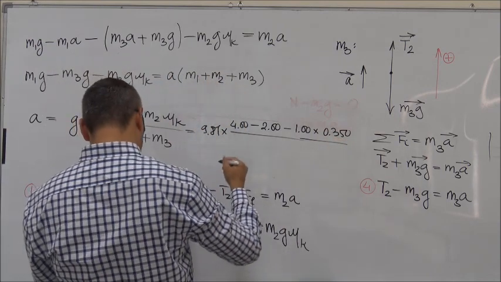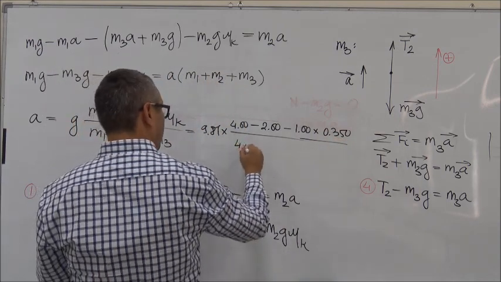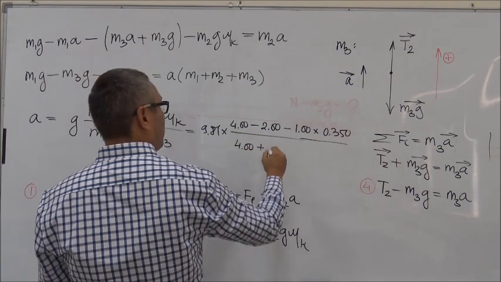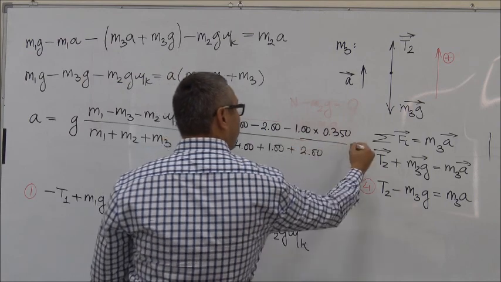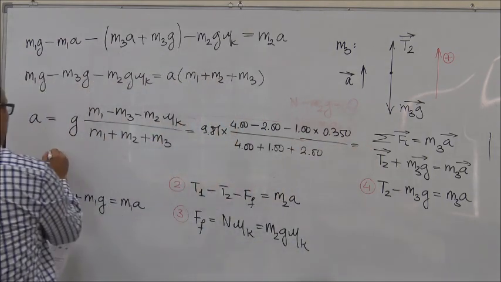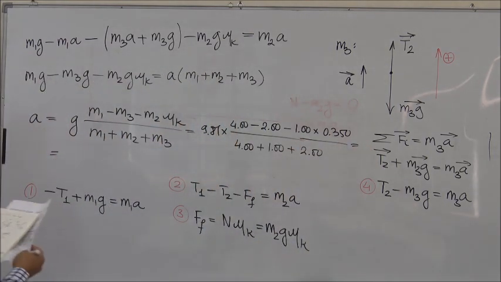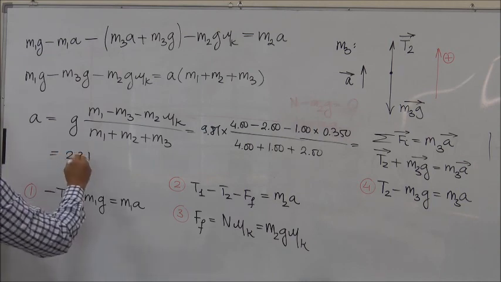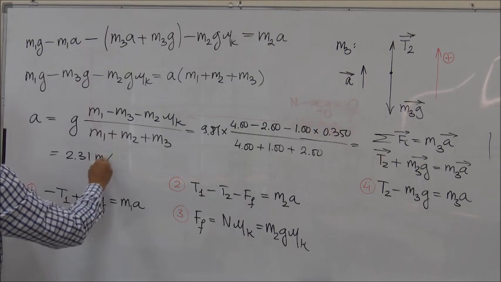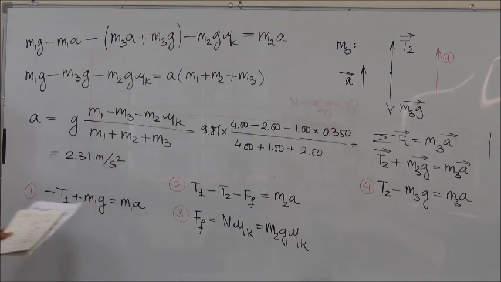The denominator is 4 plus 1 plus 2. And if you do the math, you should get 2.31 meters per second squared. And that gives the answer to part B.